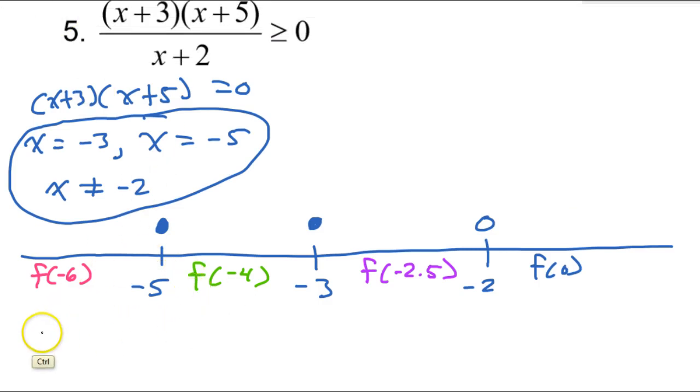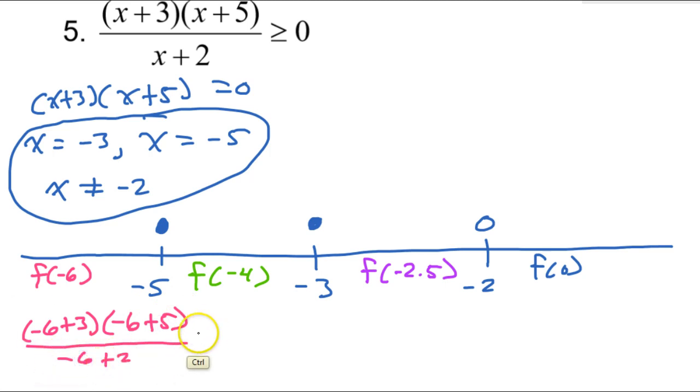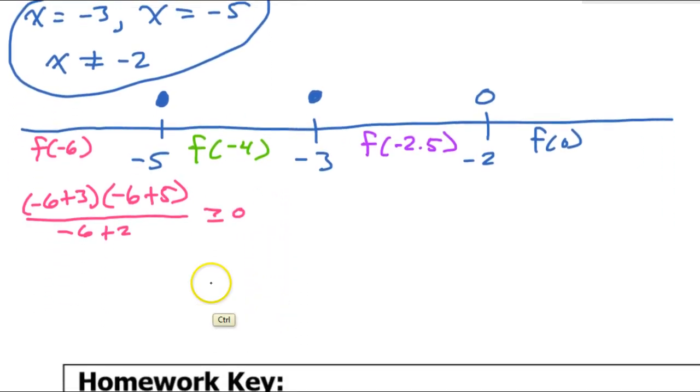Okay, so with the negative 6, I'm going to have negative 6 plus 3, negative 6 plus 5, negative 6 plus 2. And is this greater than or equal to 0? That's the question. Well, that is going to be a negative number times a negative number divided by a negative number.